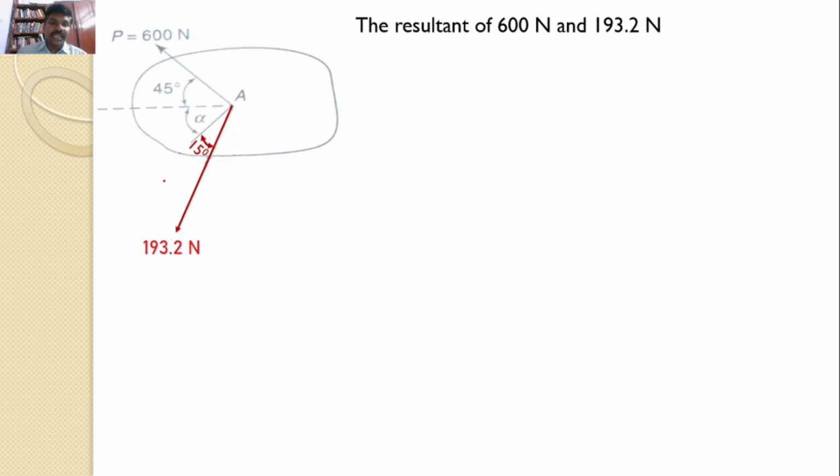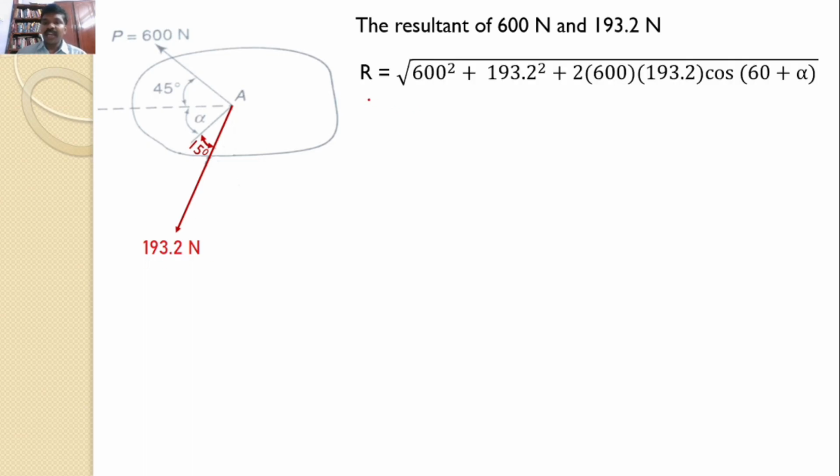Given that the resultant of the force must be less than 650 newtons, I can find the resultant of 600 newtons and 193.2 newtons according to this equation: square root of 600 square plus 193.2 square plus 2 into 600 into 193.2 into cos of the angle between these two forces. This is 45 plus alpha plus 15, that is 60 plus alpha.